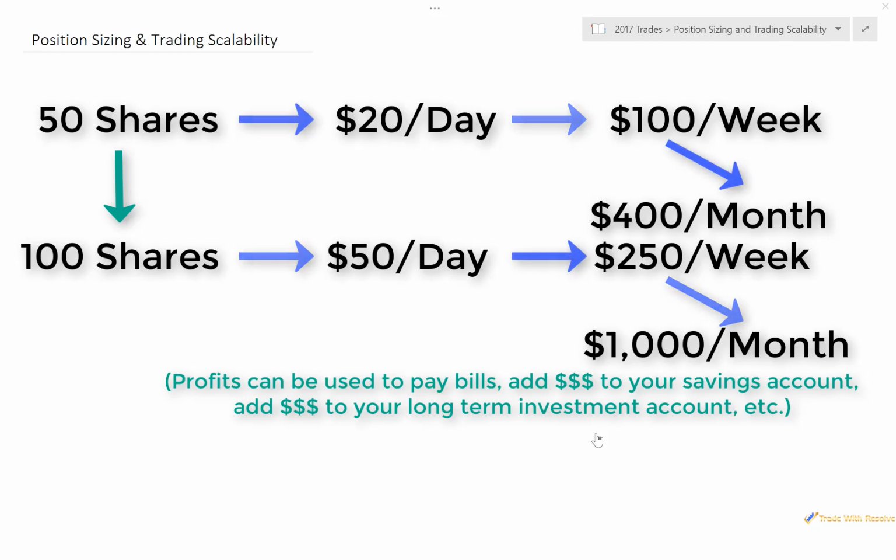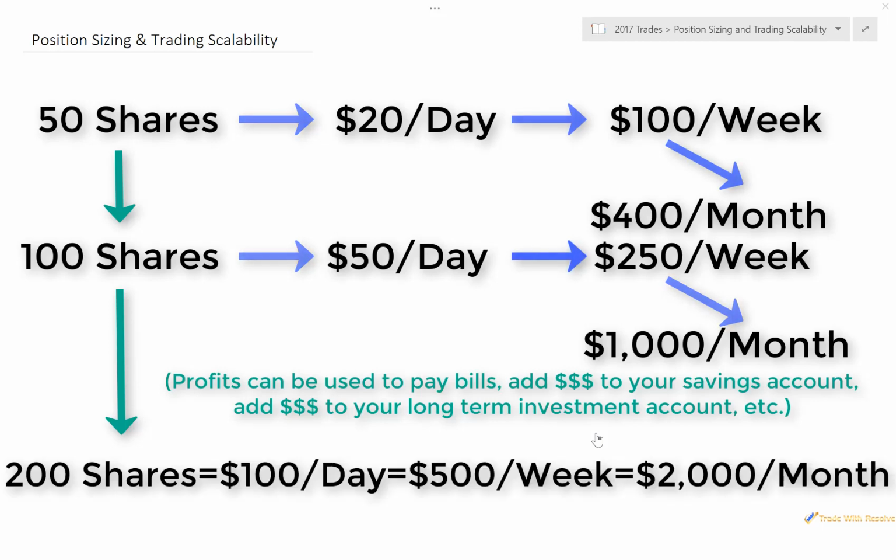Let's say that you have gained your confidence, you've been trading with 100 shares. That's been going well. So now maybe you increase your position size to 200 shares. And let's say that those 200 shares that you are trading with are now giving you the opportunity to pull $100 a day on average, which then equates to $500 a week and $2,000 per month.